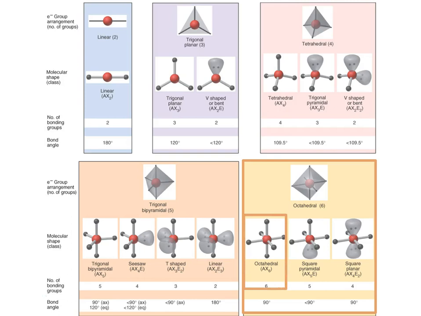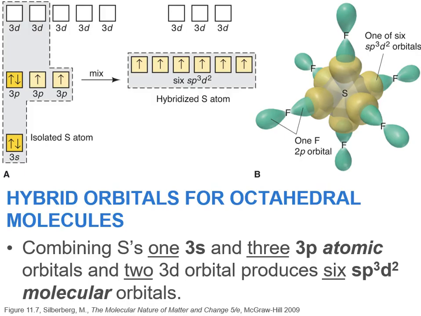So let's look at an octahedrally shaped molecule, an example where we have 1 central atom and 6 bonds. So let's look at sulfur hexafluoride. Okay, so sulfur has 2 valence electrons in a 3s orbital, and it has 4 in its 3p orbitals. And here we're in the 3rd period, so we're going to borrow 2 of our d's now.